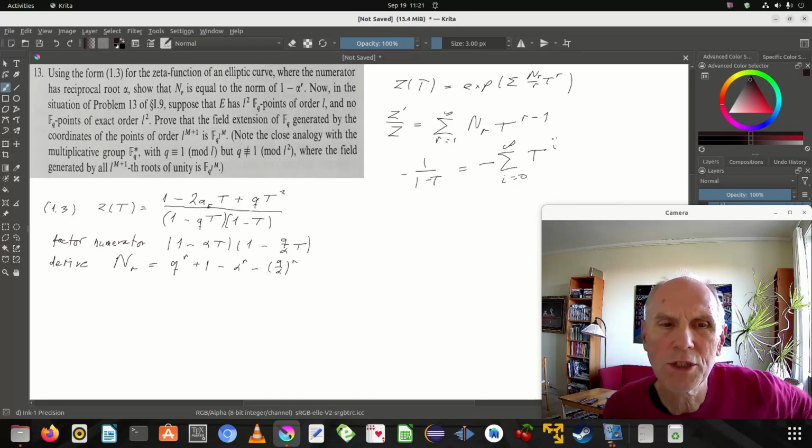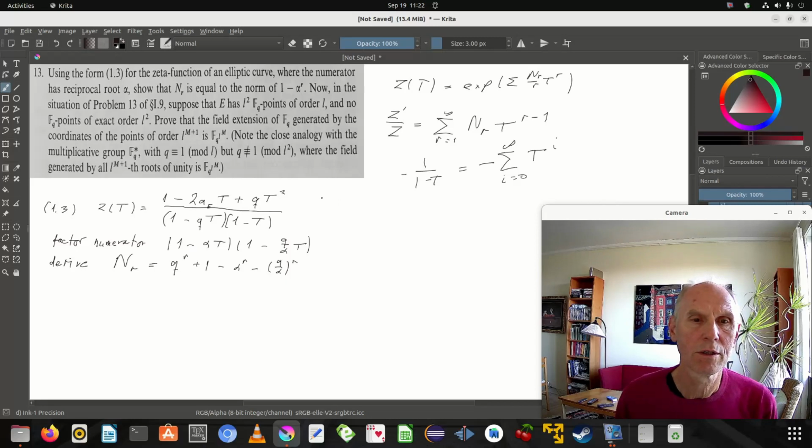There's something strange here. When we take the logarithmic derivative, we get plus, because the minus t and the minus 1, there we go.